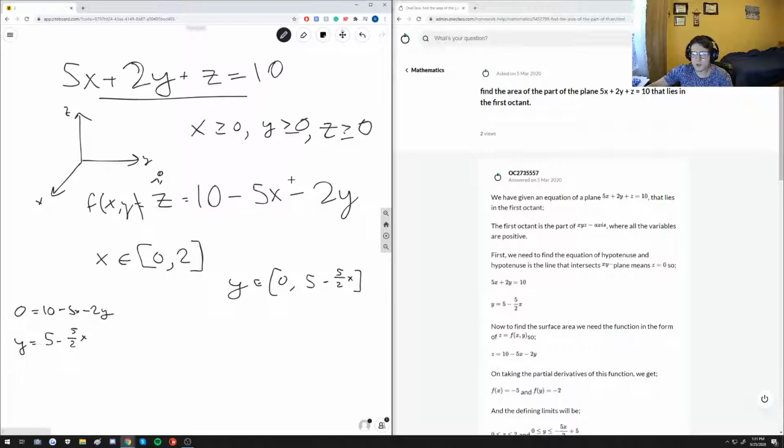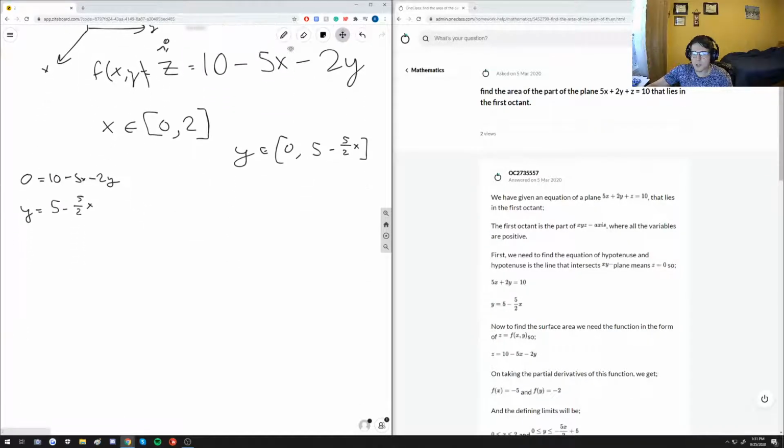So these are the bounds. Now, whenever we're talking about a surface area of a plane, there is a certain integral form that we use. So just to make sure, let's say this is our surface.